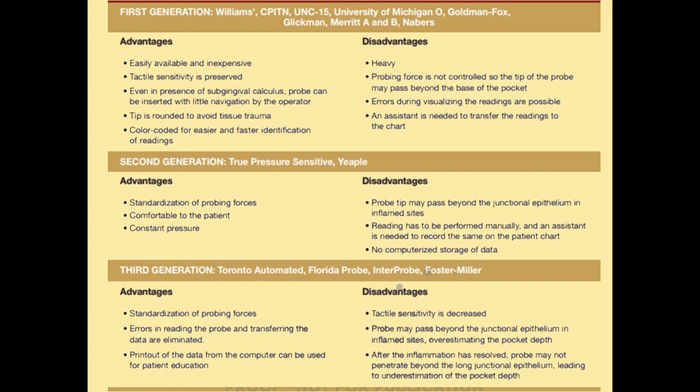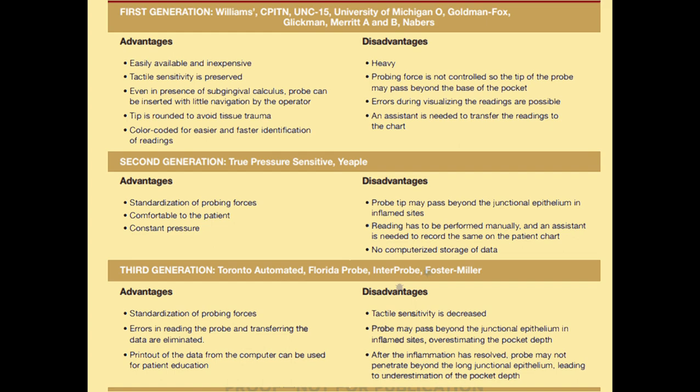Disadvantages: they are heavy. Probing force is not controlled, so the tip of the probe may pass beyond the base of the pocket. Errors during visualizing the reading are possible. And assistance is needed to transfer the reading to the chart. Second generation probe or pressure sensitive probe is the Yeapel probe.